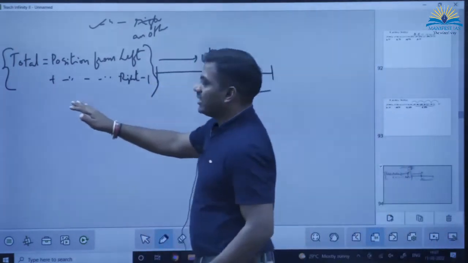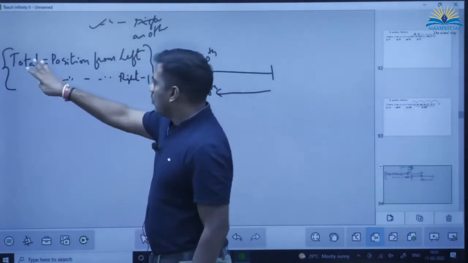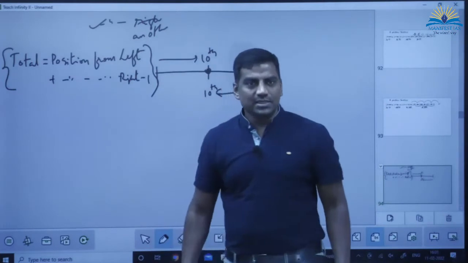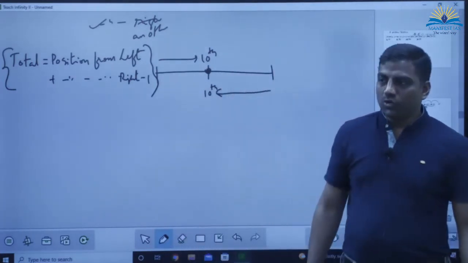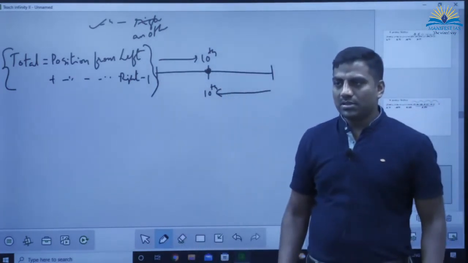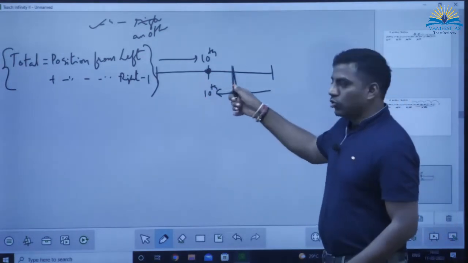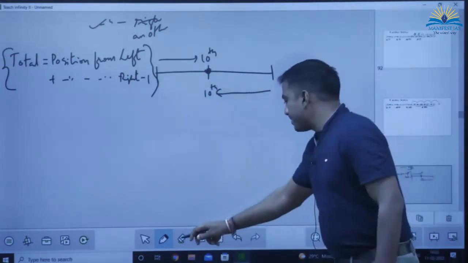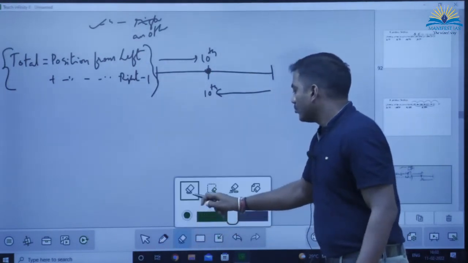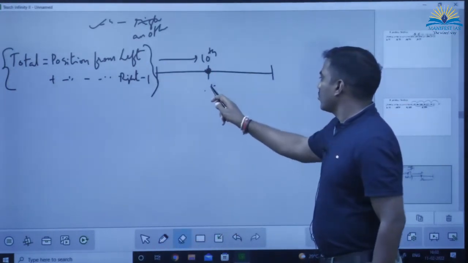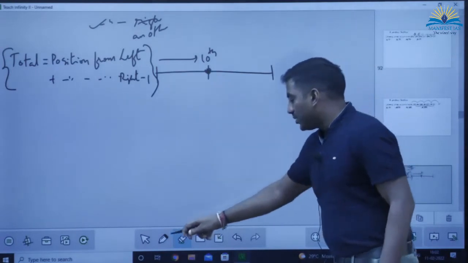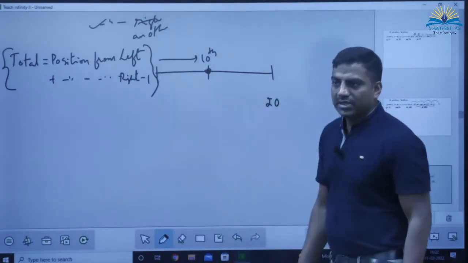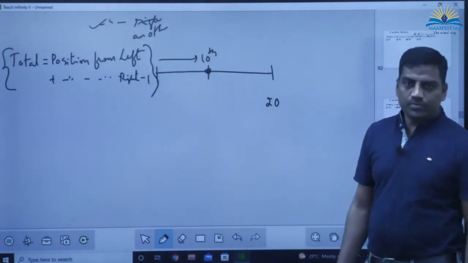Now, in this equation, there are 3 variables. If I give any 2, you will answer. For example, I give the total: there are 20 people in this row.